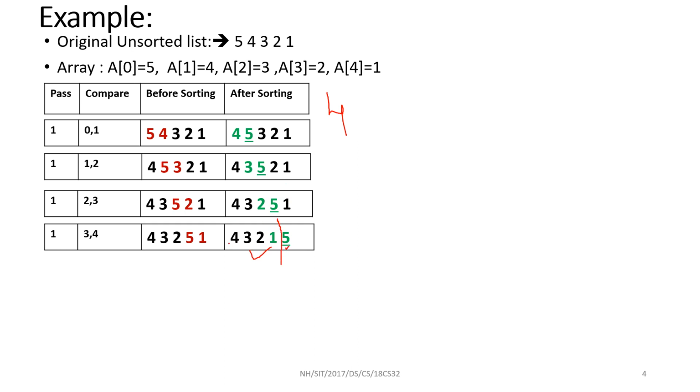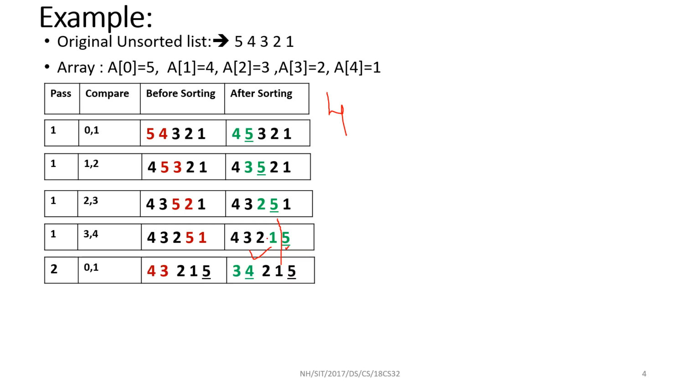Now we have to consider only the unsorted part. The number of elements in the unsorted part is 4, so 3 comparisons are required: first and second place, then second and third place, and the last, the third comparison, third and fourth place. We'll see that in this animation.